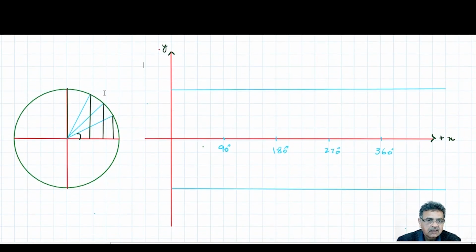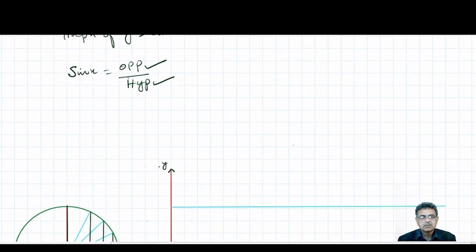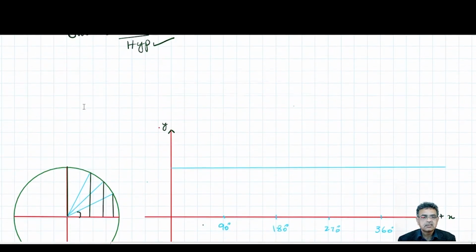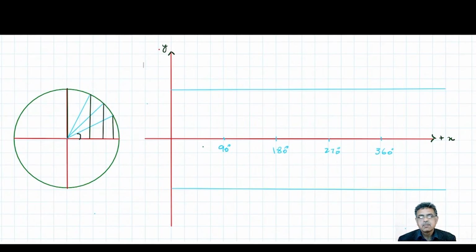So I think now you can understand very easily that at 90 degrees, red and green lines are of equal length, and that means opposite is equal to radius as well as hypotenuse is equal to radius. So the ratio opposite over hypotenuse will become radius over radius, that is 1.